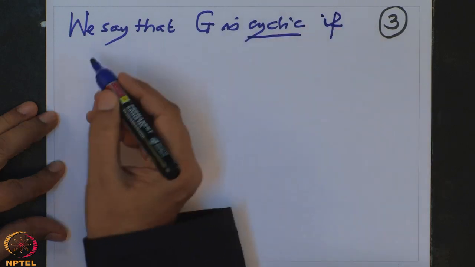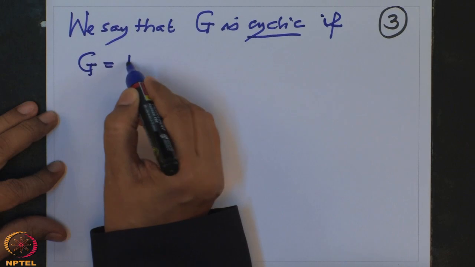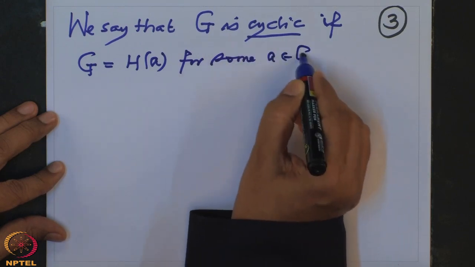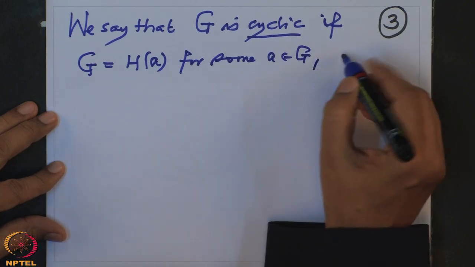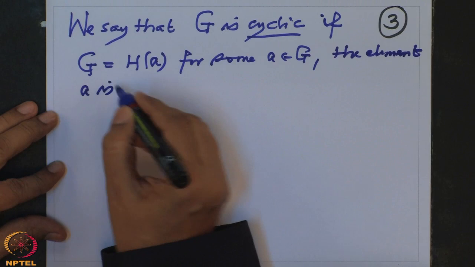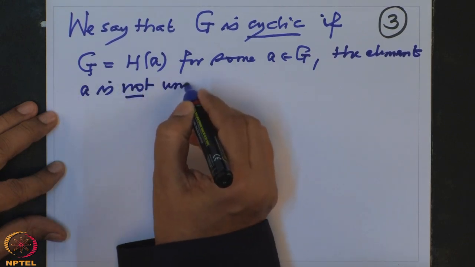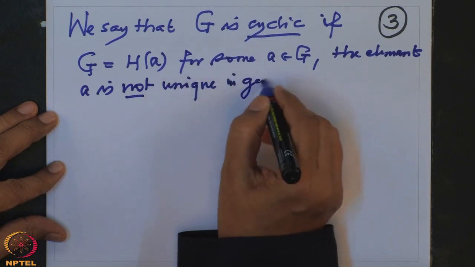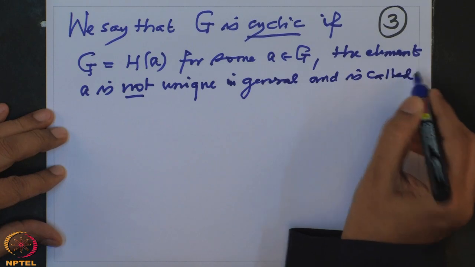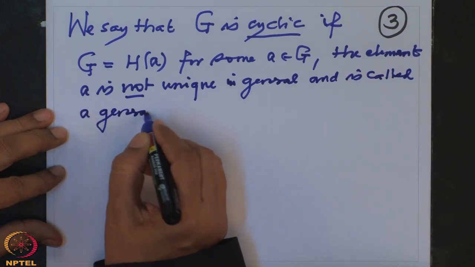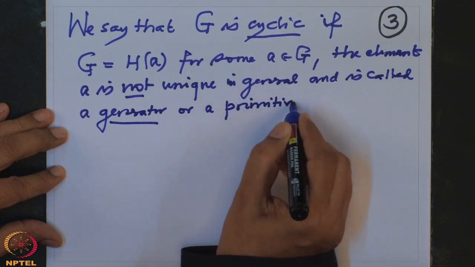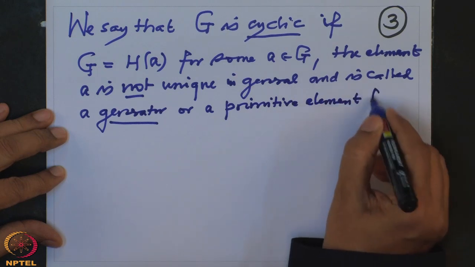If G is generated by one element, G is equal to H(A) for some A in G, and this element A, which is not unique in general, is called a generator or also called a primitive element for G.